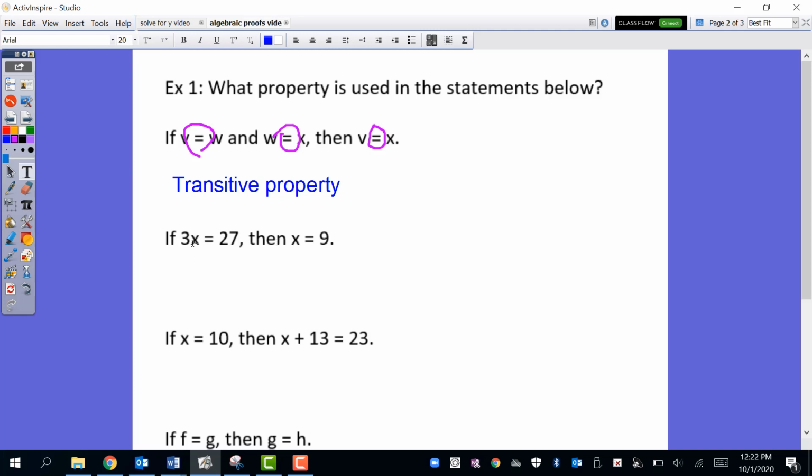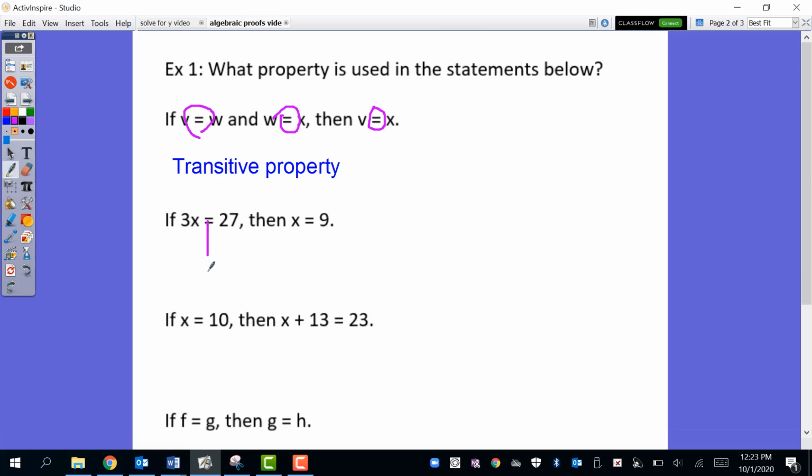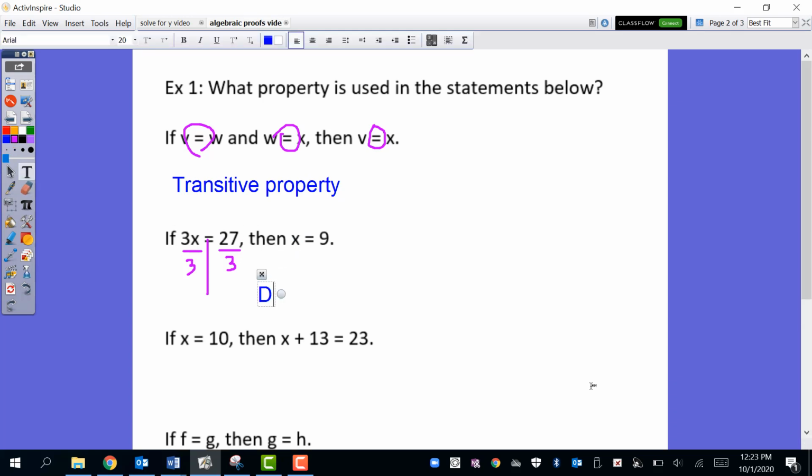Well, how did they get the 3 to go away? If you were solving this equation right here, how would you get 3 to go to the other side? I would divide by 3, right? And when I do 27 divided by 3, I get 9. So if that's what they did to get this, then that's the division property.